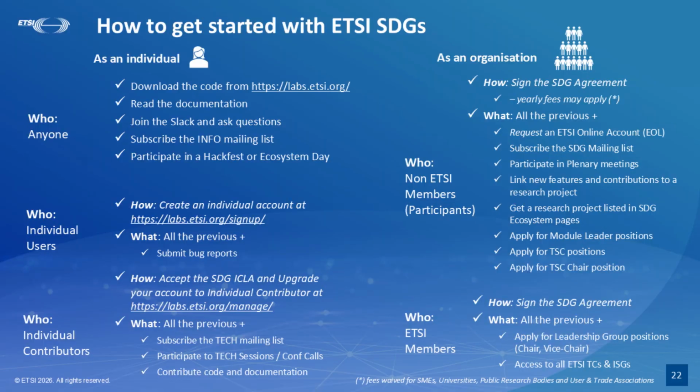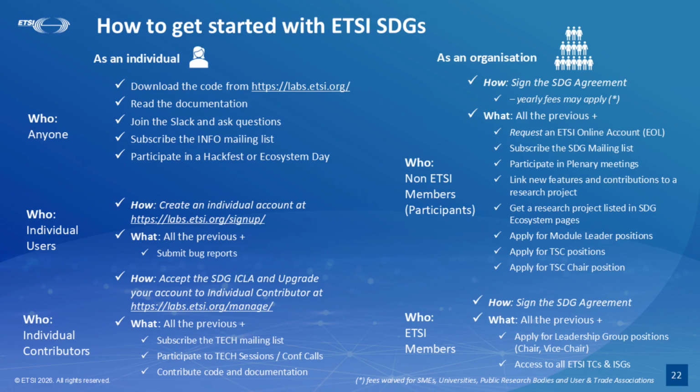Throughout this course, we've seen that anyone can contribute to the SDGs. However, there are a few differences in starting out, depending on who you work for. In essence, there are three sorts of contributors: individuals with personal email accounts, those who work for non-ETSI members that we call participants, and those who work for an ETSI member.